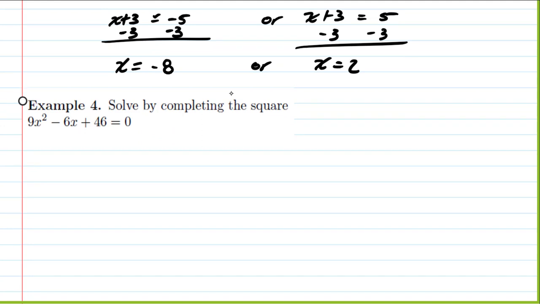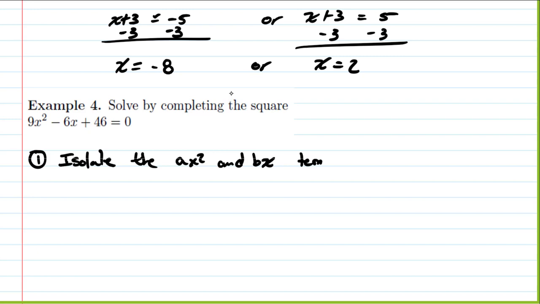So let's go through and outline the general steps for completing the square. Step 1 is we are going to isolate the ax squared and bx term. So essentially, the first thing we're going to do is move any constants to the other side of the equation.